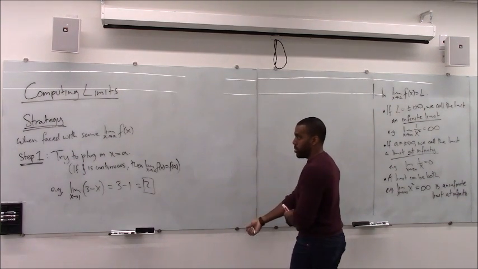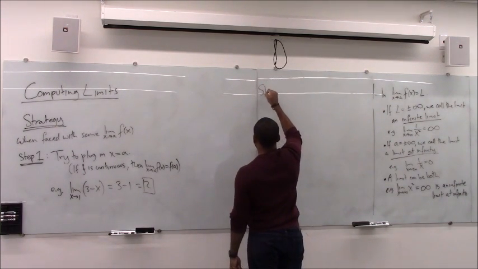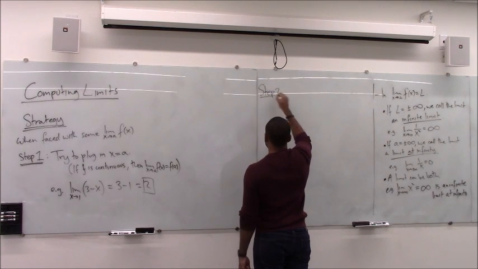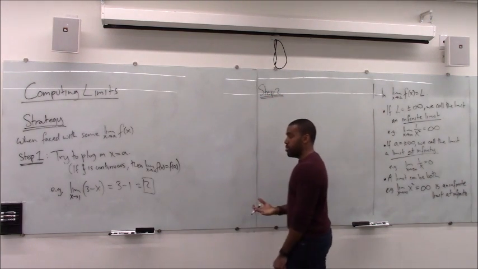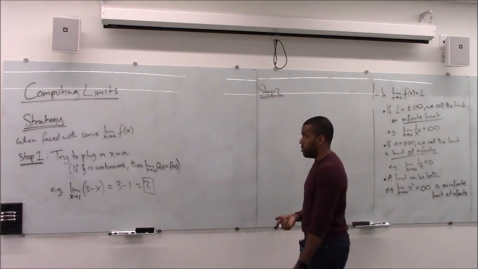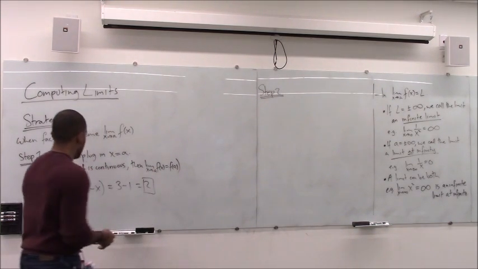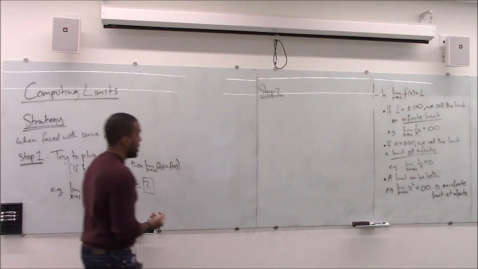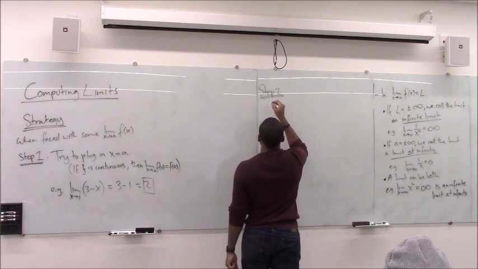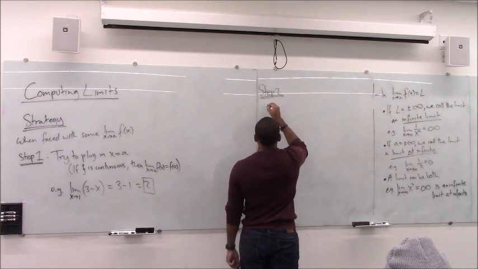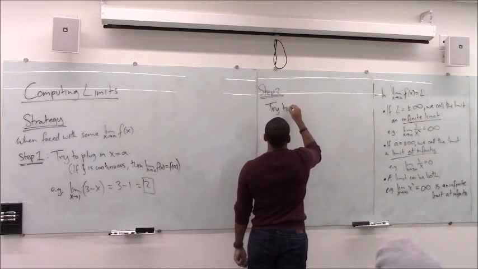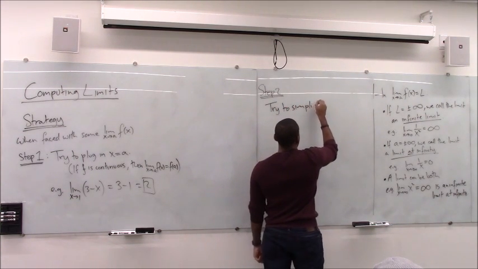Sometimes step 1 doesn't work, and we need step 2. Let's say you want to plug in the number, but you can't, because you divide by 0, or you have a negative under a radical or something like that. So step 2, you can't actually plug in, so you try to simplify so that you can plug in.